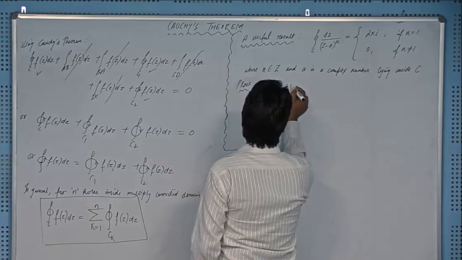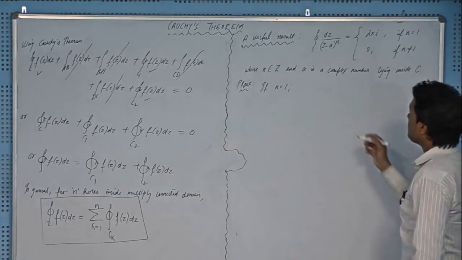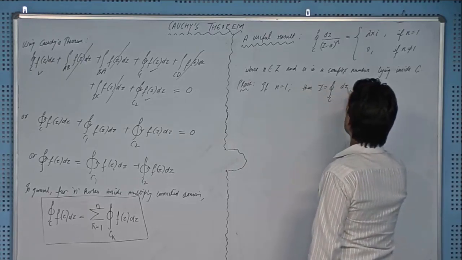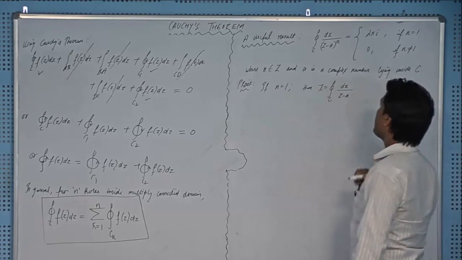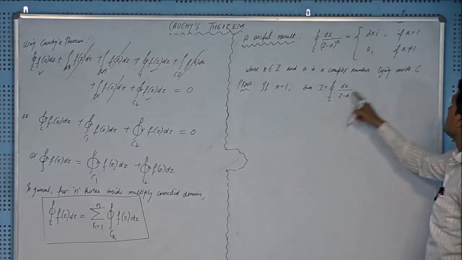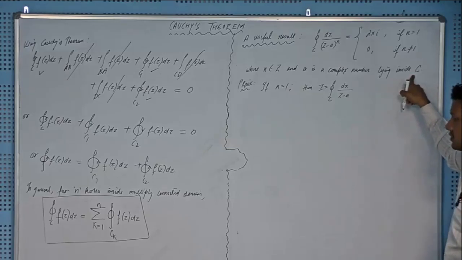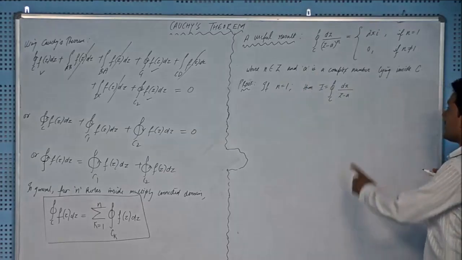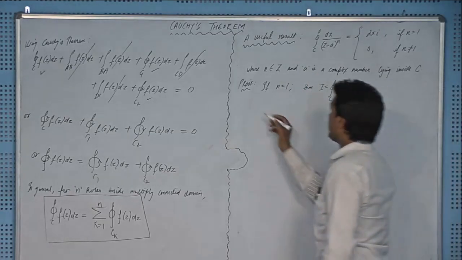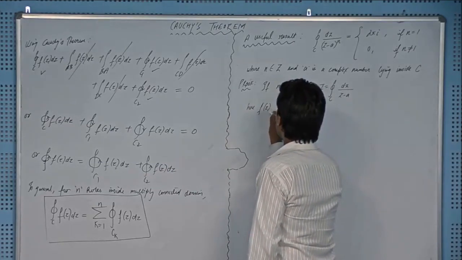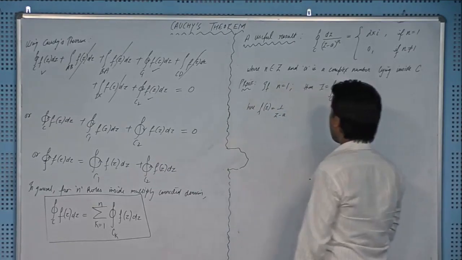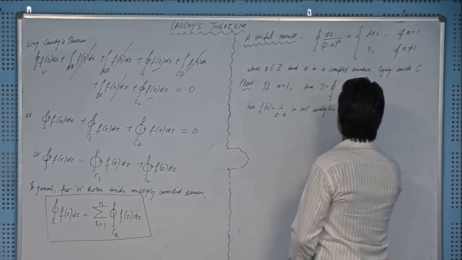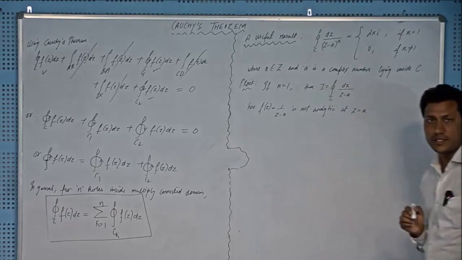If n equal to 1, then capital I equals the integral over C of dz over (z minus a), and C is a contour of arbitrary shape containing this number a. You can see that your function is 1 upon z minus a. Here f(z) equal to 1 upon z minus a is not analytic at z equal to a.